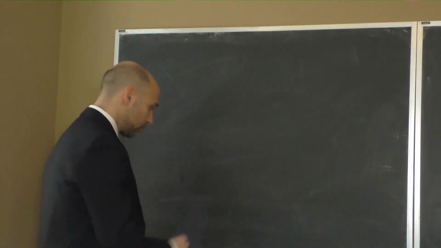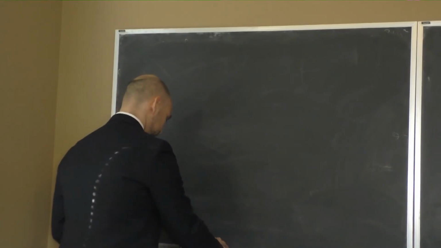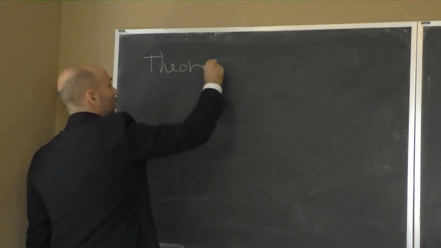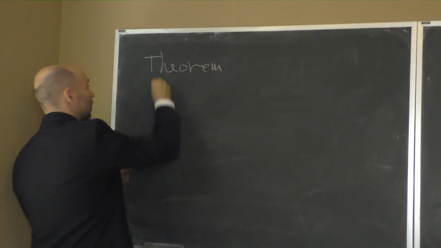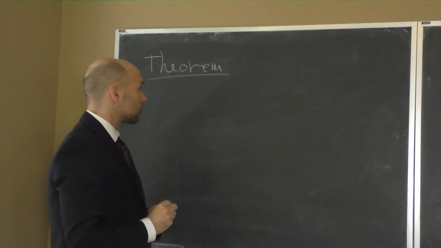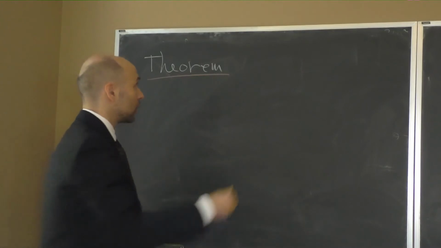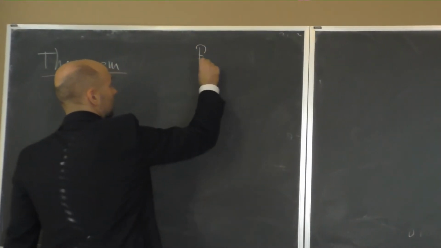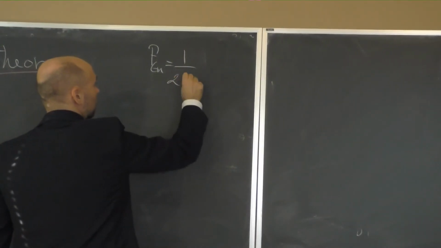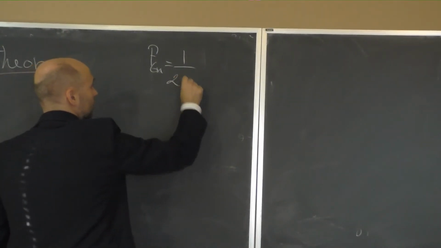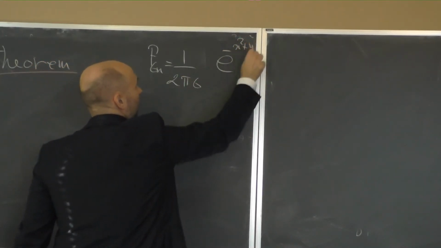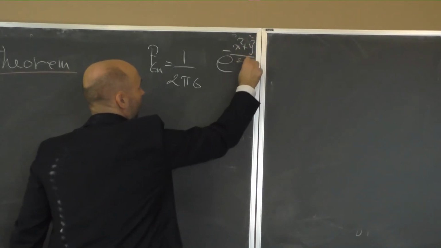So we're going to prove that the sequence of Gaussians converges to the Dirac as n goes to infinity. So let's recall that f sigma n equals that. All right.